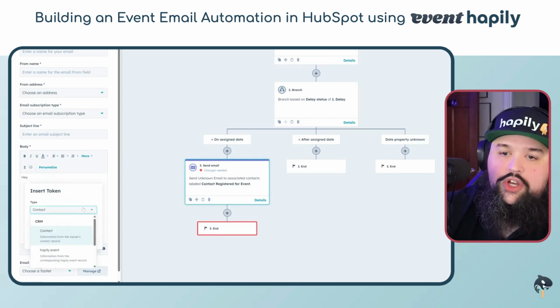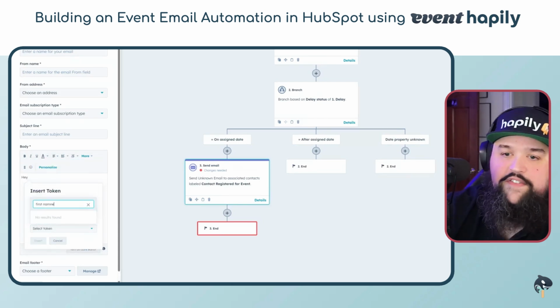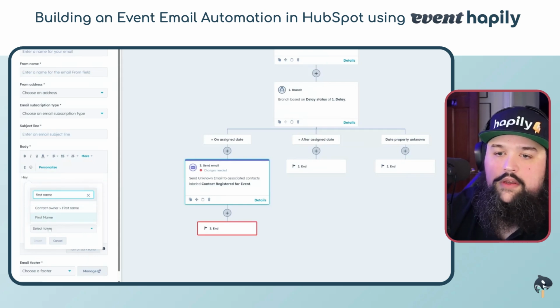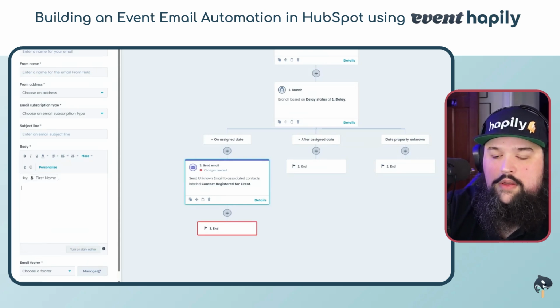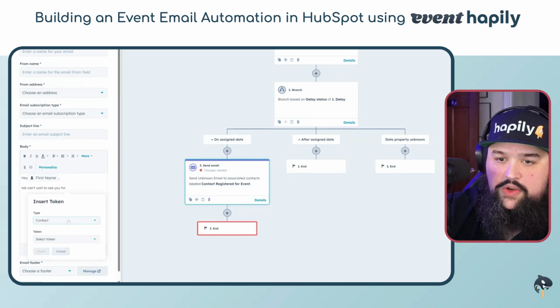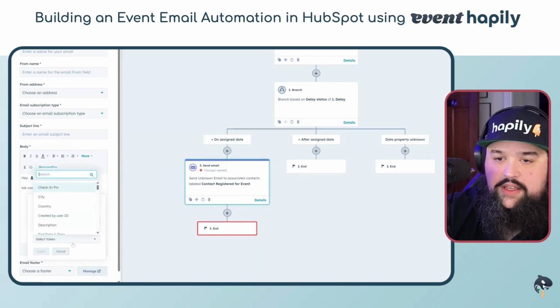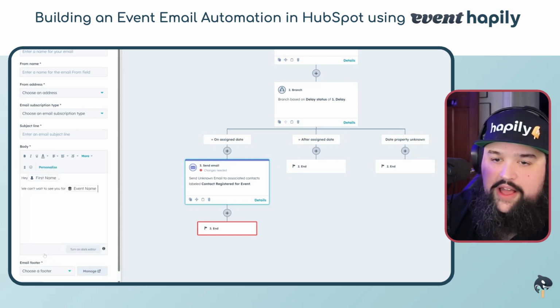So we can say, hey, personalize. And again, you could do this with a full templated email if you wanted to do it, but I'm going to cheat here a little bit. Hey, first name. We can't wait to see you for, and then I'll just say personalization token, event name, right? Again, this works if you're doing the full email editor, right?